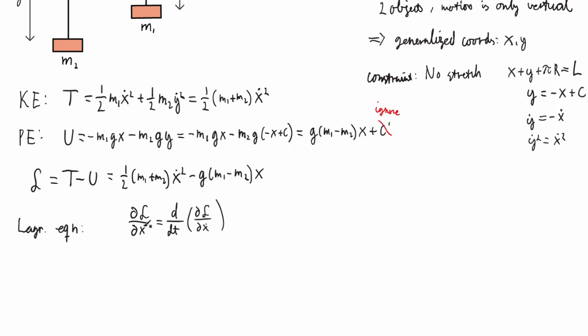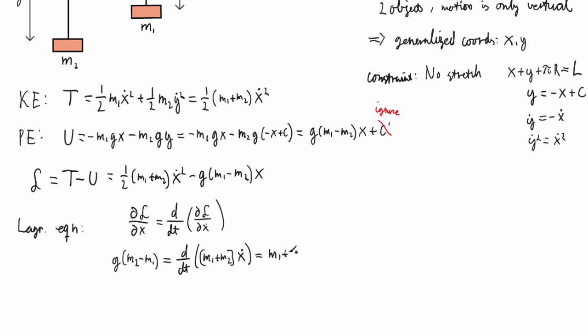Okay, this is not so hard. On this side we get the derivative of this. So we get really g times (m2 minus m1). I've incorporated this minus sign here by flipping m1 and m2. And here we get now d/dt of (m1 plus m2) times x dot.